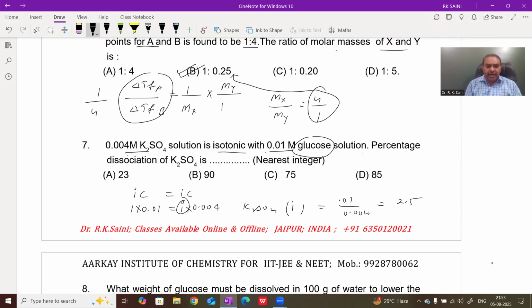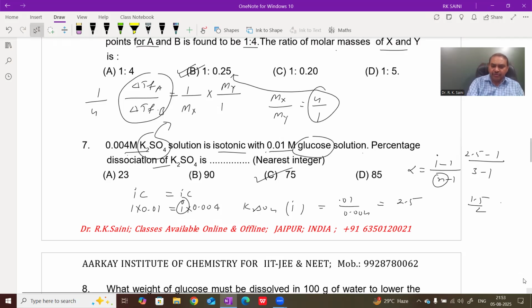And then find alpha, the degree of dissociation. Alpha, degree of dissociation, equals i minus 1 divided by n minus 1. i is 2.5, minus 1, and the total number of particles furnished by 1 mole of K2SO4 is 3. Therefore, 3 minus 1. Therefore, 1.5 divided by 2, or we can say 0.75 or 75%. Question next. Question number 8.